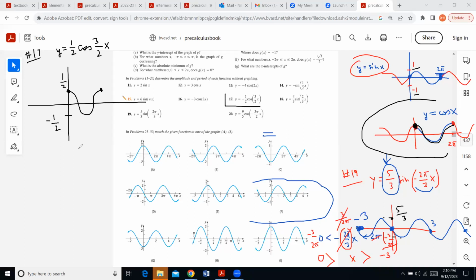And again, I want to decide what about the argument. So that 3/2 x, the standard way, we put in between 0 and 2 pi, right? And then we're going to need to take care of this 3/2. Its reciprocal is 2/3, right?